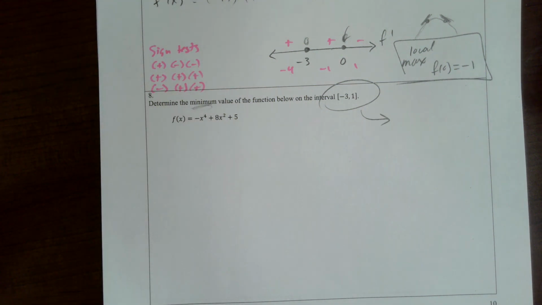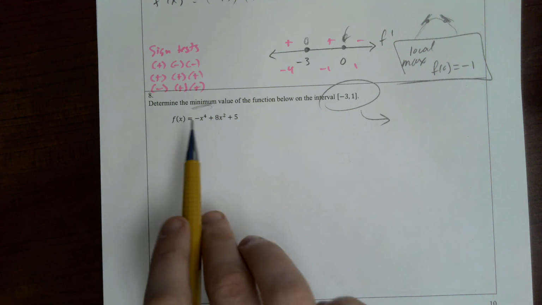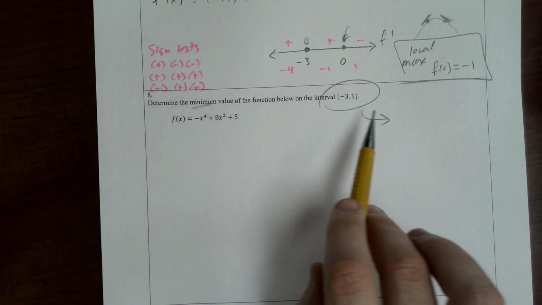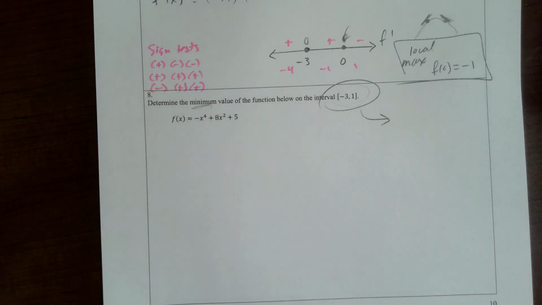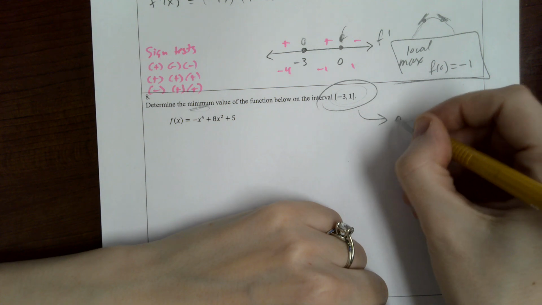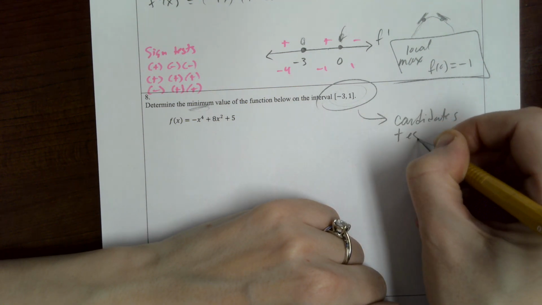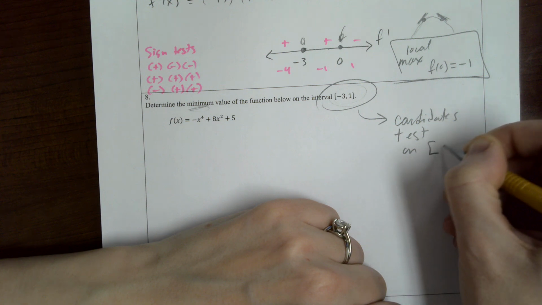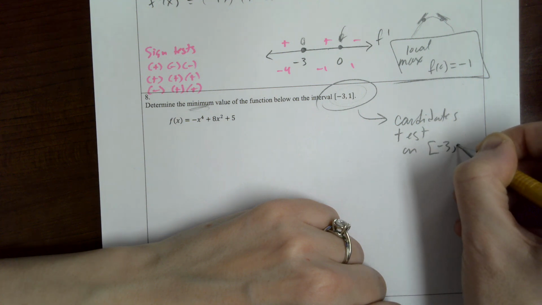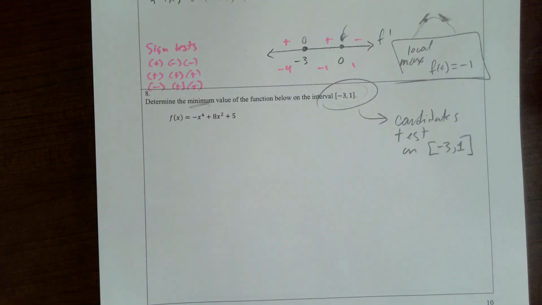You'll know if they say absolute, or if they say something like on a closed interval. If they are implying the highest or lowest value overall on a closed interval, that is candidate's test. Candidate's test is always on an interval.